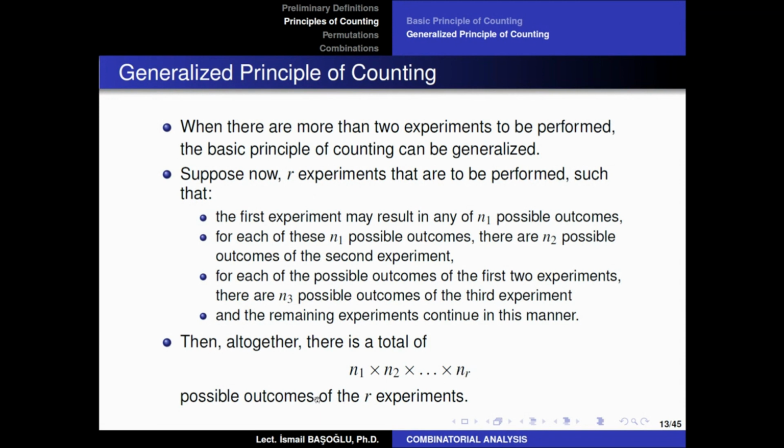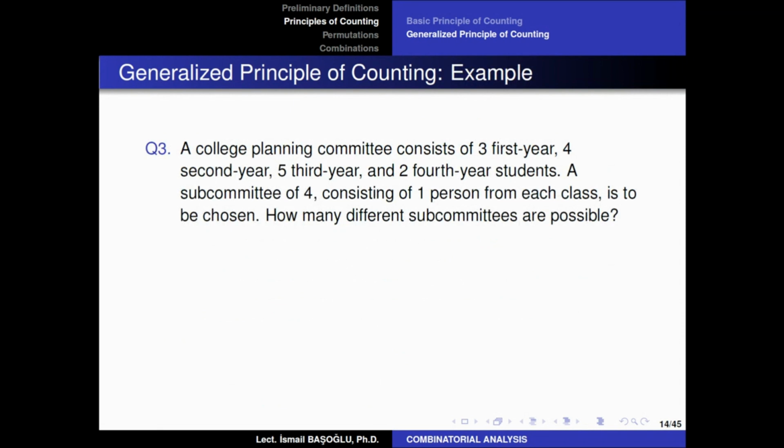So we can generalize the basic principle of counting to more than 2 experiments, assuming r experiments, and we have the number of outcomes that we may observe in each of these experiments. By multiplying these numbers of outcomes of all experiments, we get the number of possible outcomes for the combined experiment of these r experiments. Now, this is a question where we can practice the generalized principle of counting.